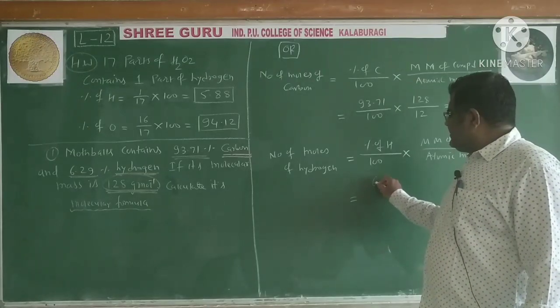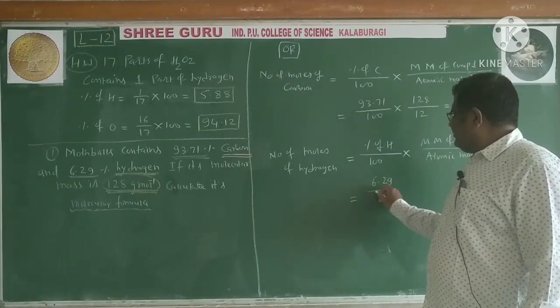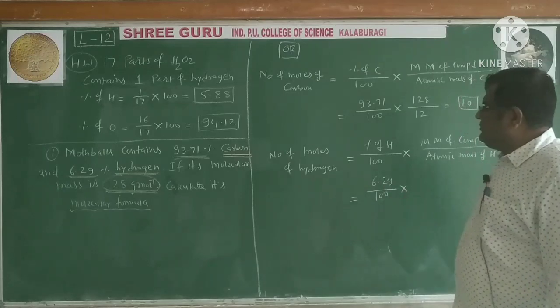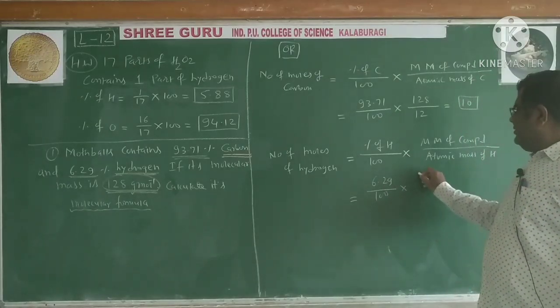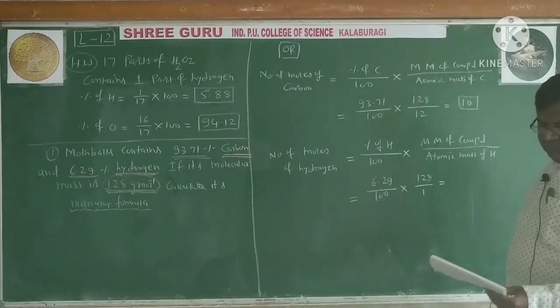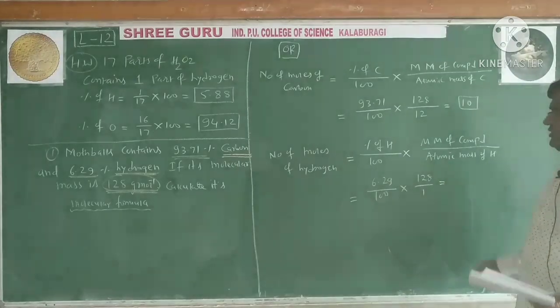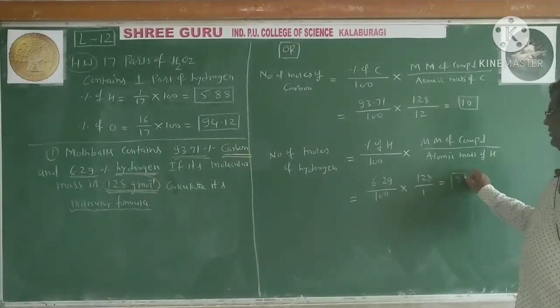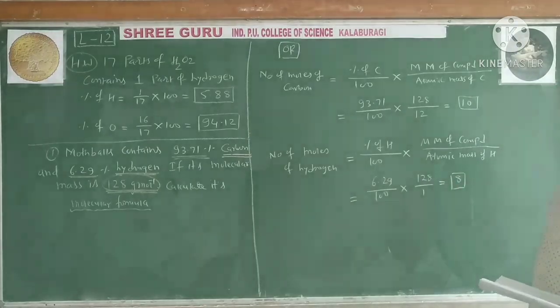Percentage of hydrogen is 6.29 divided by 100, molecular mass is 128 by 1, and if we do this calculation it happens to be 8.